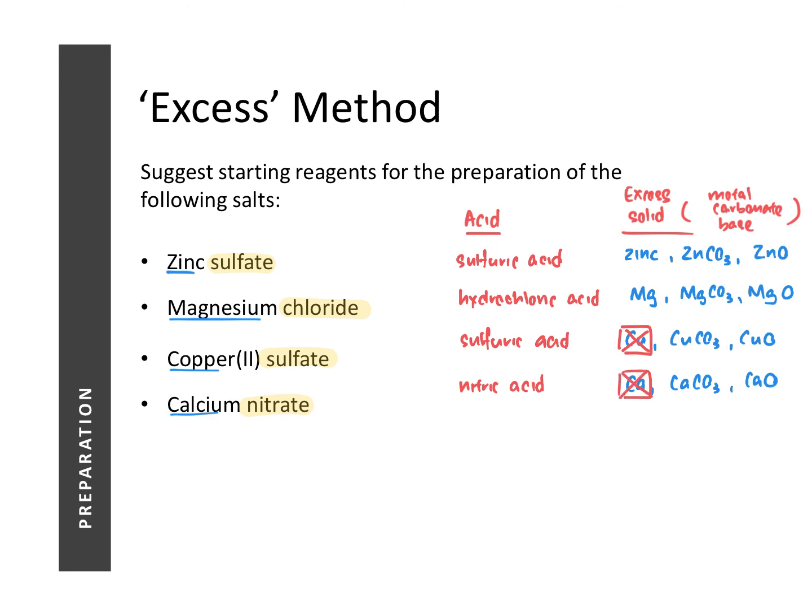So it is recommended that we use the carbonate or the oxide. That is why, if there are no restrictions in the question, it's recommended that you stick to using the carbonates. There's also another reason why using carbonates is better. We will look at it when we are looking at the procedure.